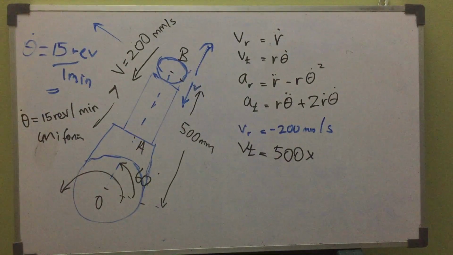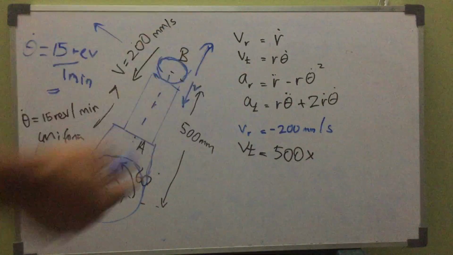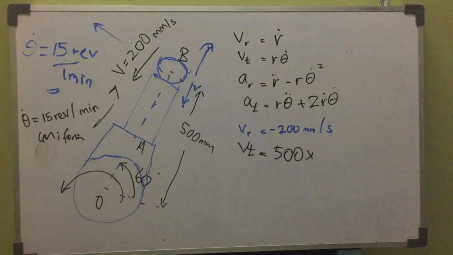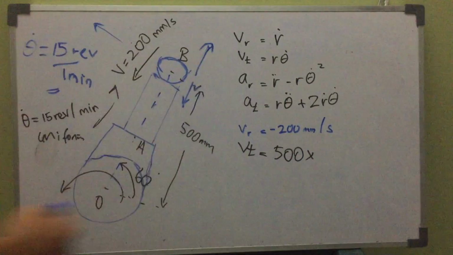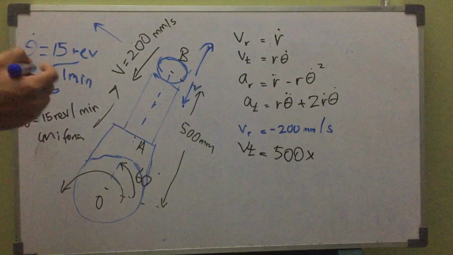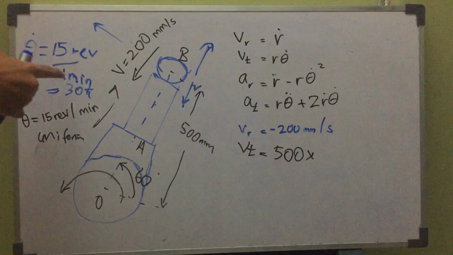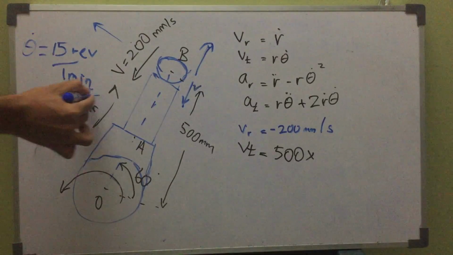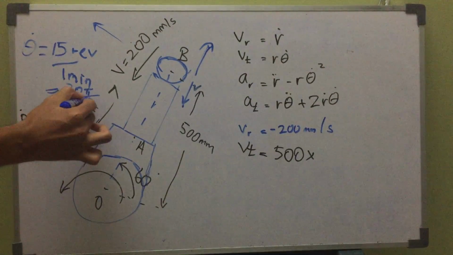As we all know, 1 revolution, which means 1 rotation, would cover 2 pi radians. From that we can directly tell that 15 revolutions would be 15 into 2 pi, which means 30 pi. That is for 1 minute, but if we change to seconds, it would be 60 seconds.